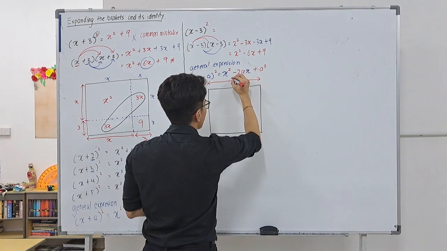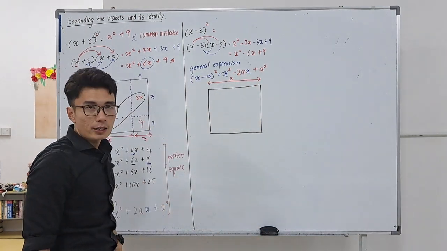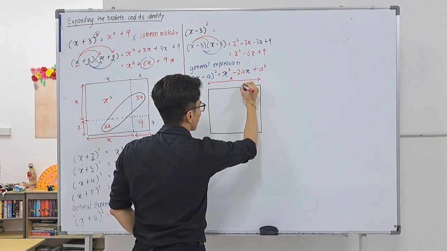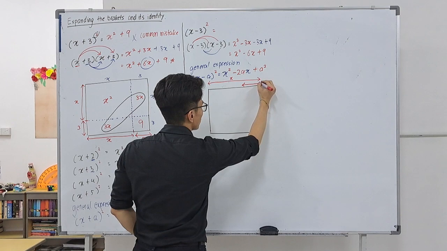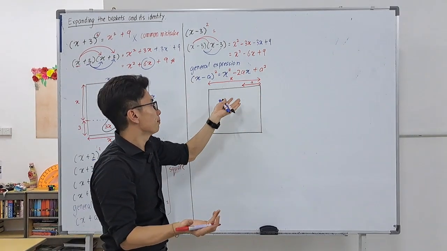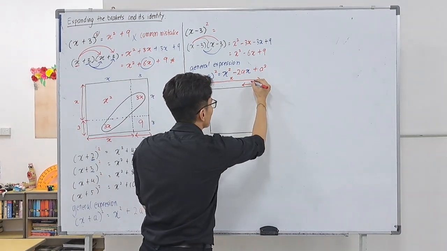That's going to be my x. Where is this a? This a over here is going to be from here to here. Of course, it can be longer if you want to, but for example's sake, I'm just going to keep it short, so you can see what's going on over here.